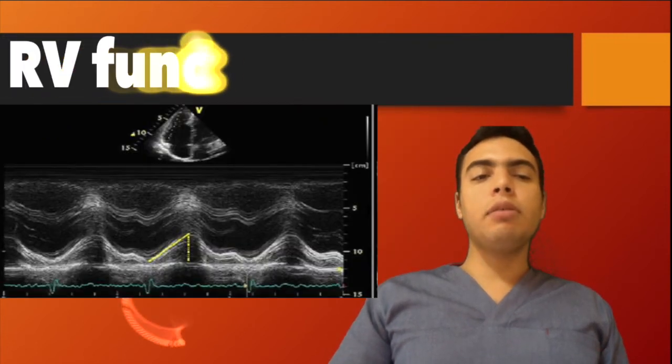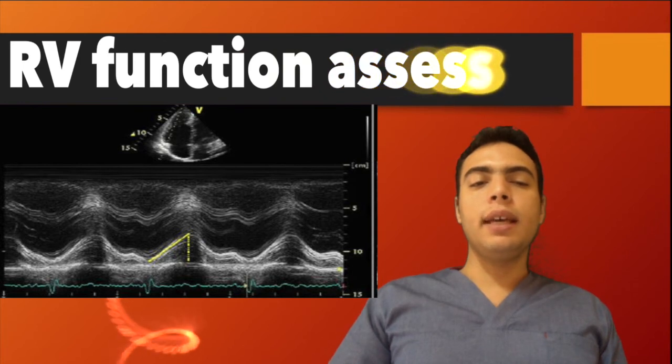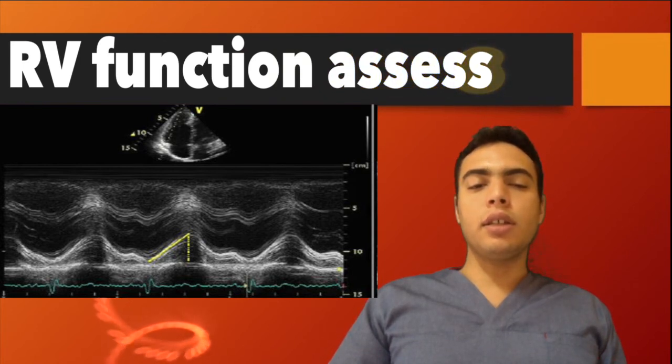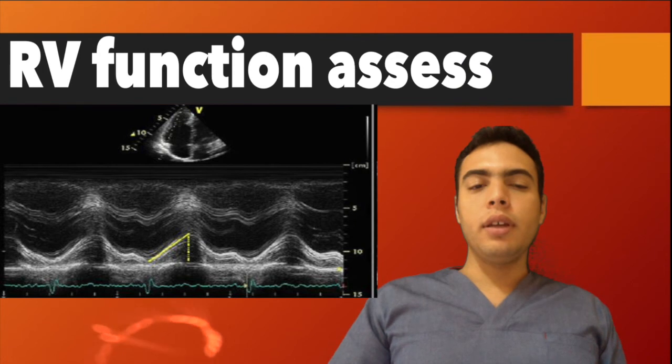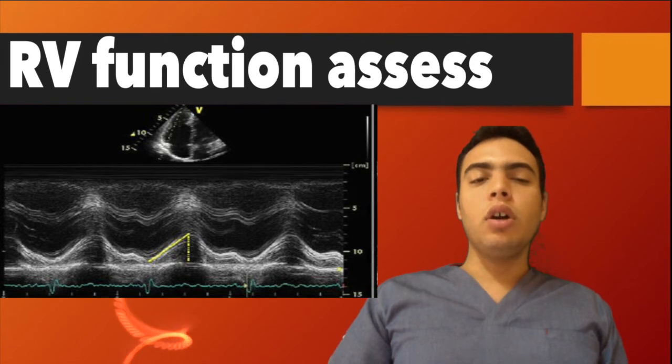Here is another method to assess, that is called the tricuspid annular plane systolic excursion. The normal method to do it is to add M mode at the most lateral part of the tricuspid valve and to start measuring the longitudinal displacement of the tricuspid valve.